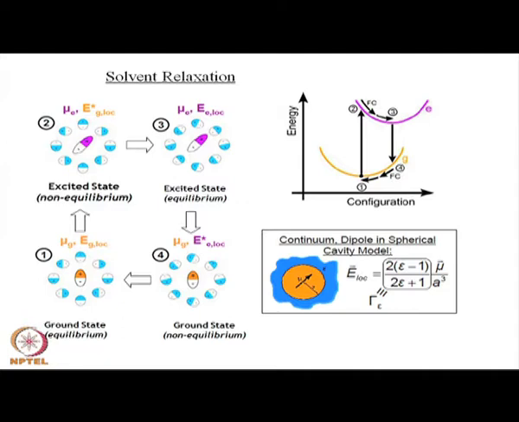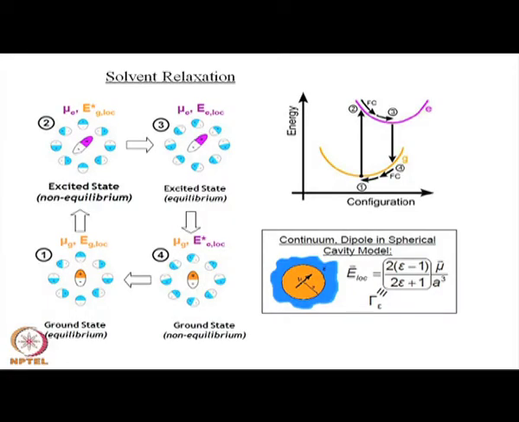So in this particular lecture, I have given you a basic idea of solvation, solvatochromism, and a brief introduction to the solvent relaxation process, meaning how the solvent relaxes after a transient dipole is created around it while going from an equilibrium ground state to a non-equilibrium excited state.